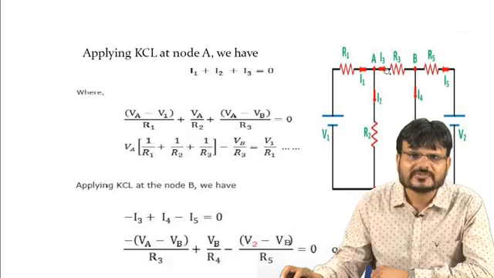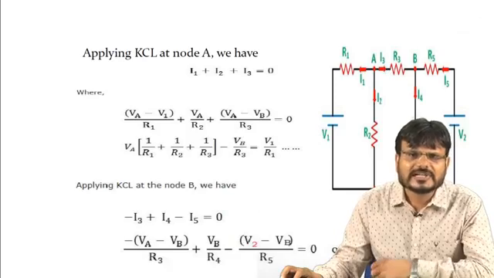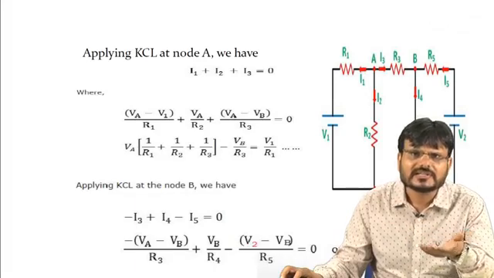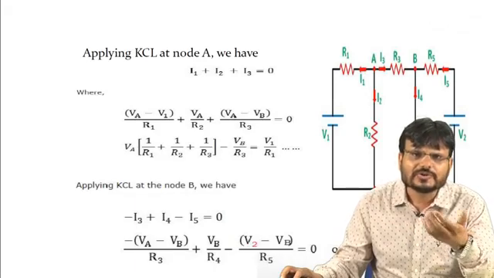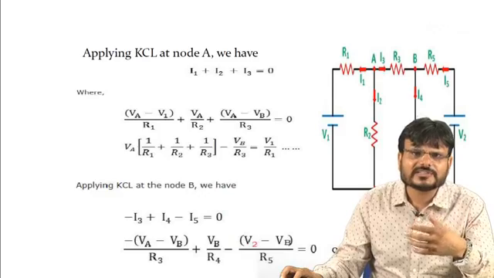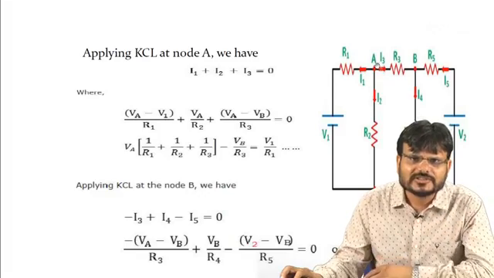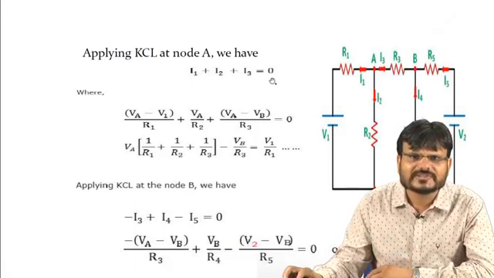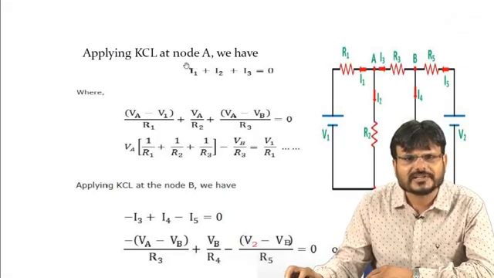As per Kirchhoff's current law, the algebraic sum of currents at any particular node or junction is equal to 0, or you can say the incoming current is equal to the outgoing current. So at this particular node all currents are outgoing currents. That means I1 plus I2 plus I3 is equal to 0. Now you have to find the value of this current I1. So what will be the current I1?